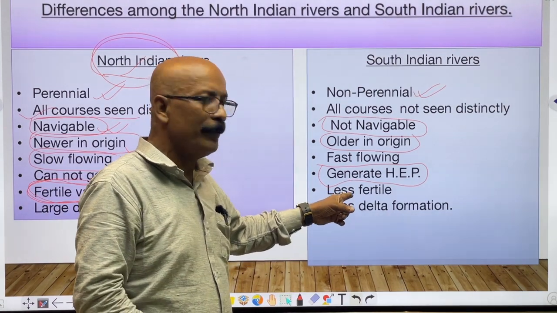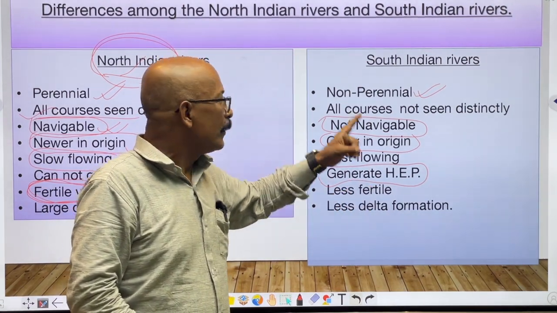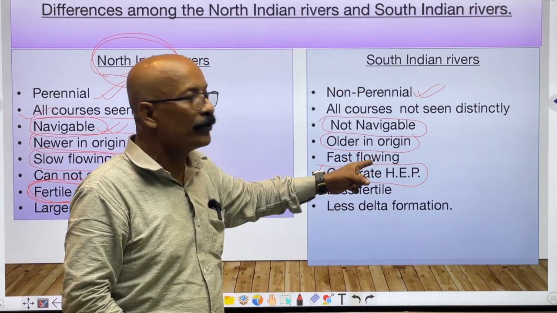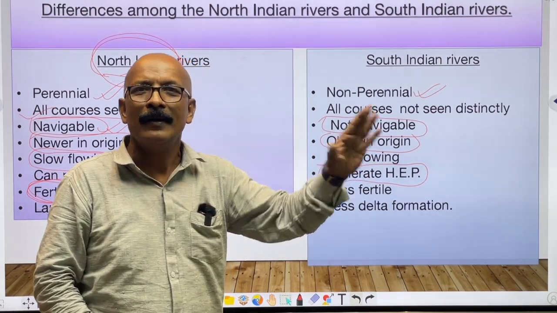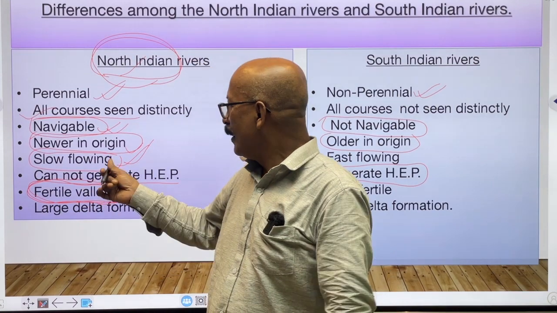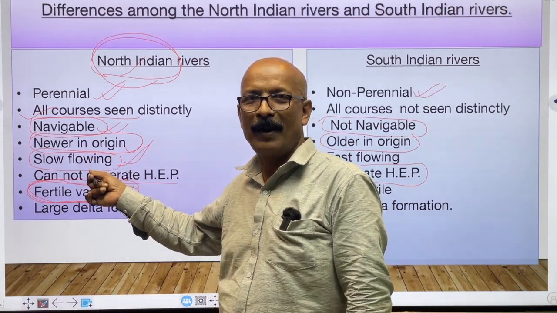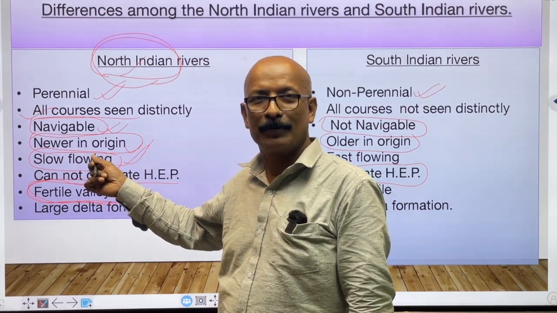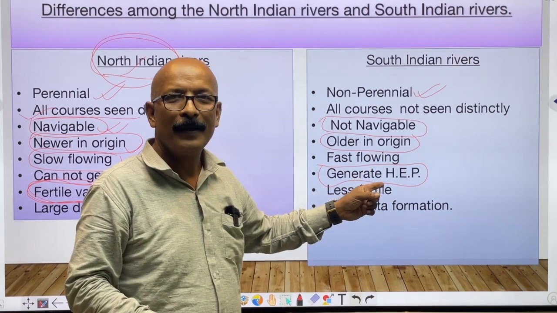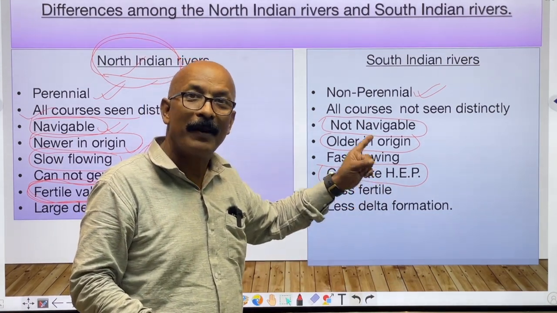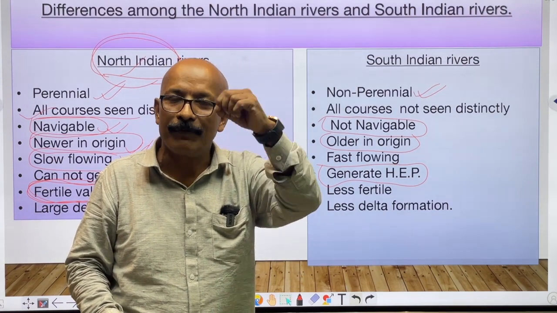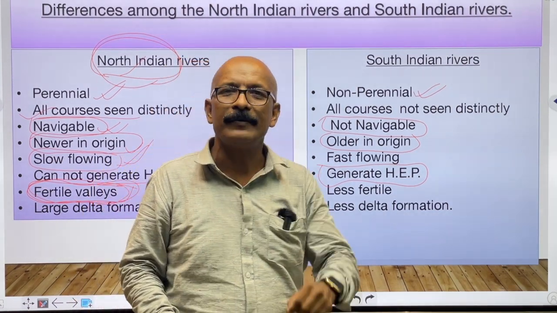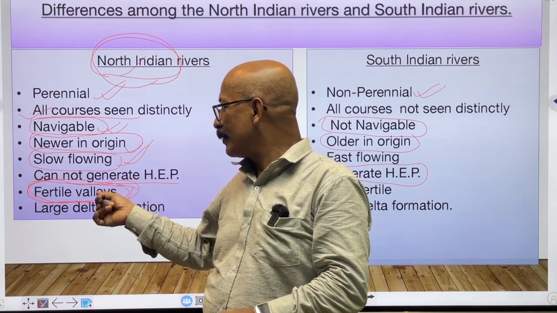It is not available in the south because firstly this portion is totally a plateau. The soil of the plateau region never becomes fertile like that of the plain region. This is the Indo-Ganga-Brahmaputra plain region, and this is the southern plateau region. So the soil of the plateau region is less fertile in comparison to the plain area.